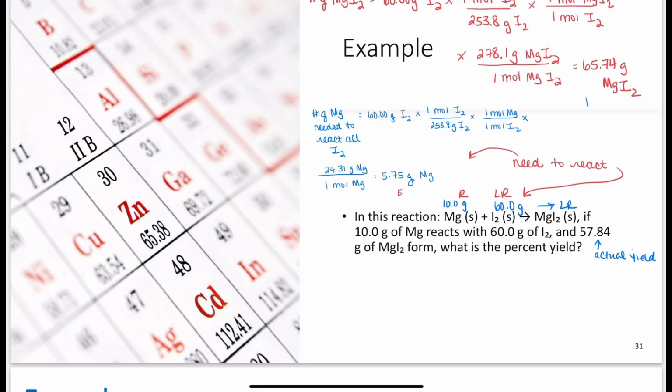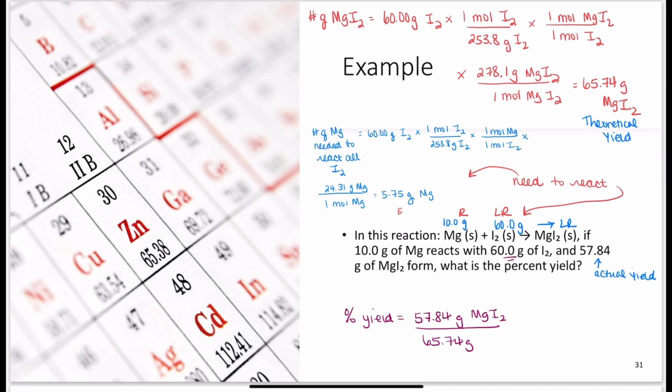Why am I picking it this way? Because magnesium is listed first, and I just happen to write it down first. Truthfully, there's nothing special about the way I pick it. When in doubt, convert to moles. 1 mole of I2 is 253.8 grams of I2. Iodine is a pretty big molecule.